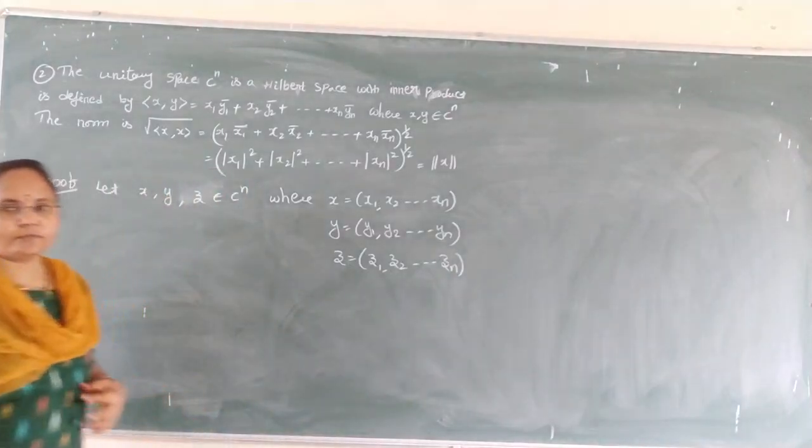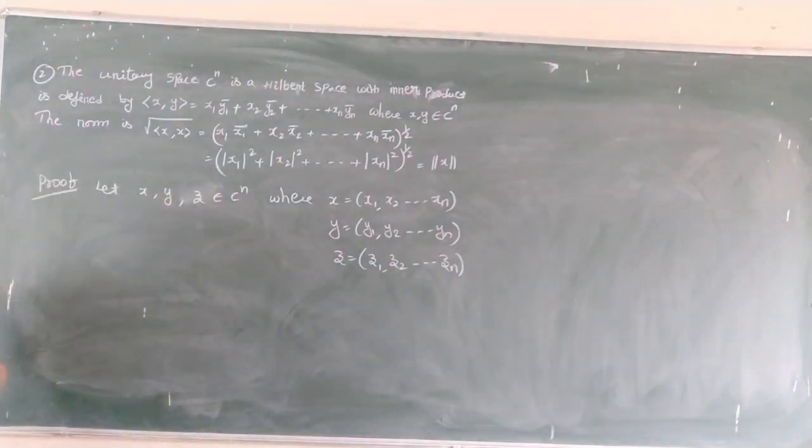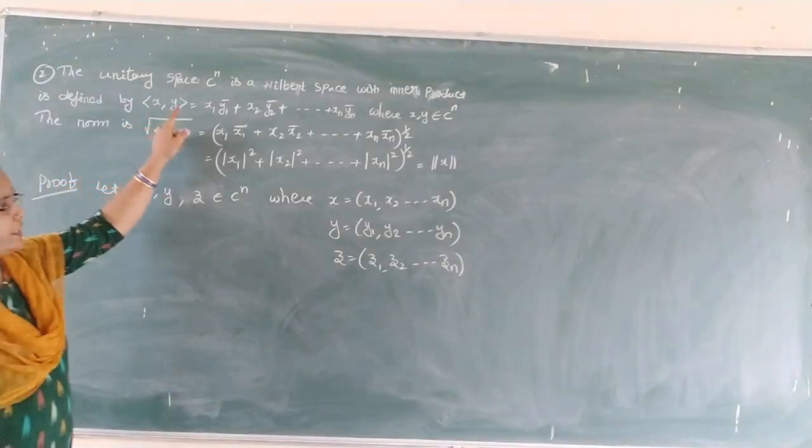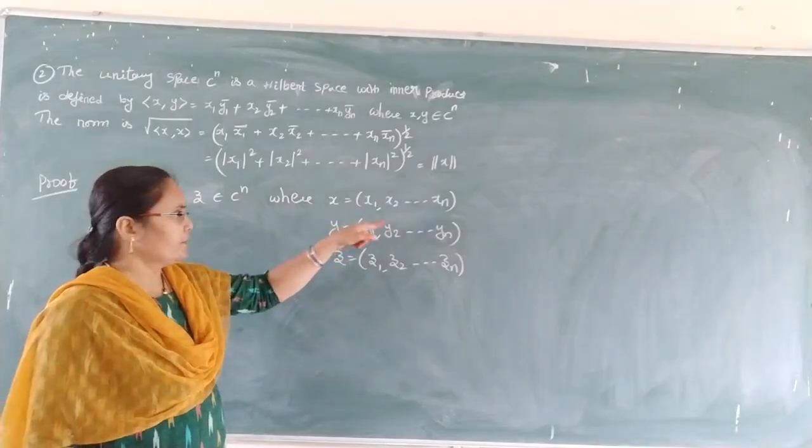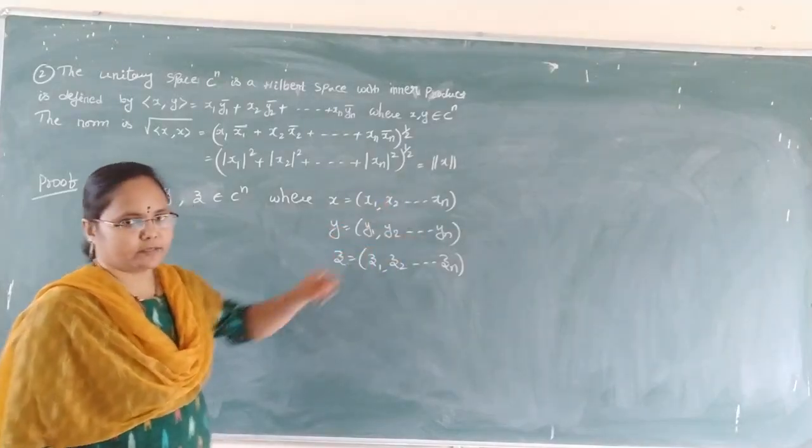Now using this, the inner product of two variables is defined as x1 into y1 bar, second variable bar, plus x2 into y2 bar, and so on.